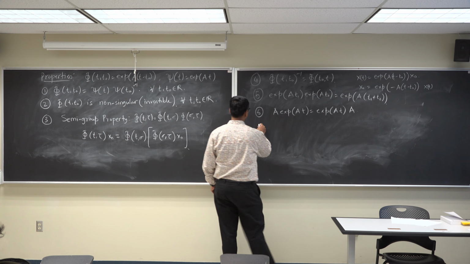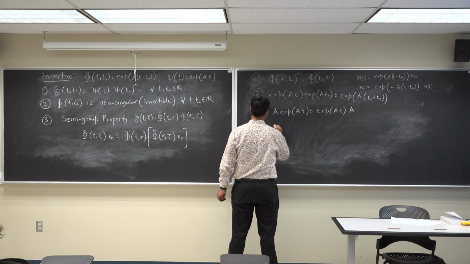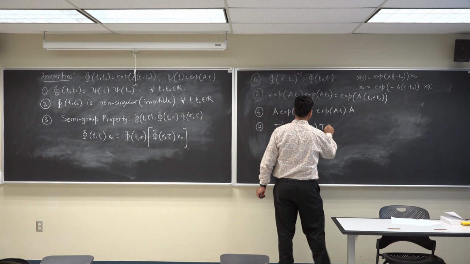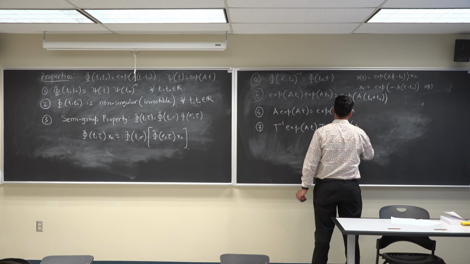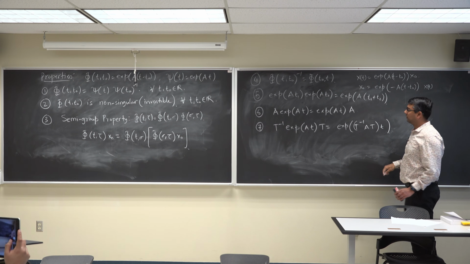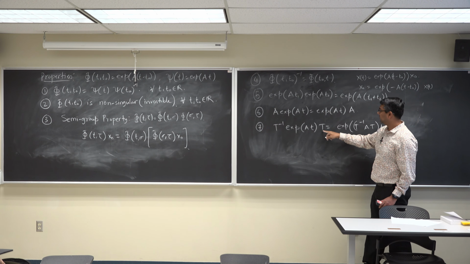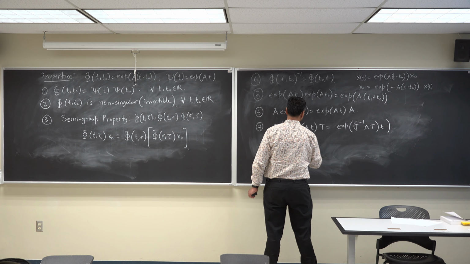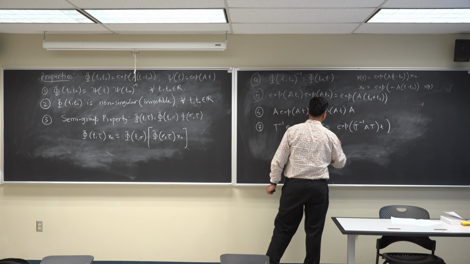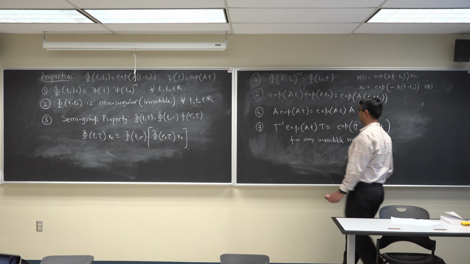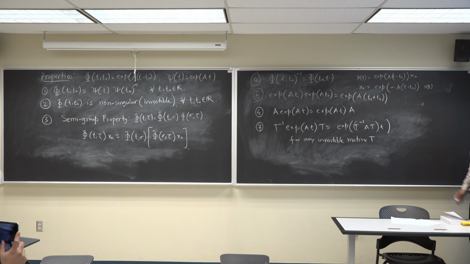Oh, let me write down the other one, the seventh one. We have used it extensively so far. It's not there in the book as a result. But if you have T inverse exponential of AT T, for any invertible matrix T, so it doesn't necessarily have to be the matrix of eigenvectors or generalized eigenvectors.